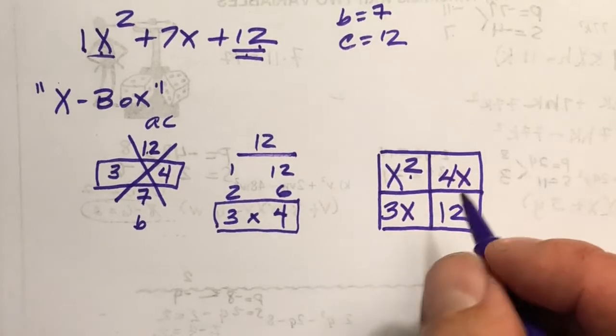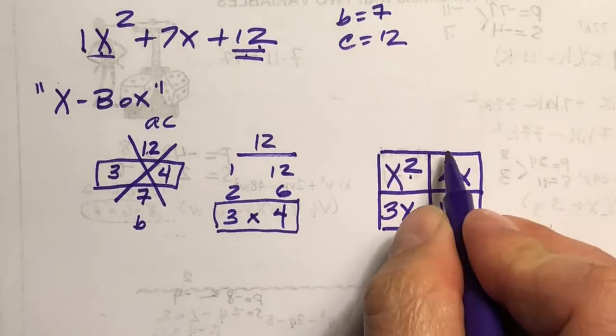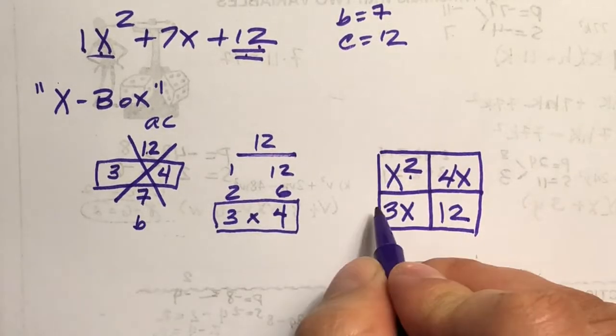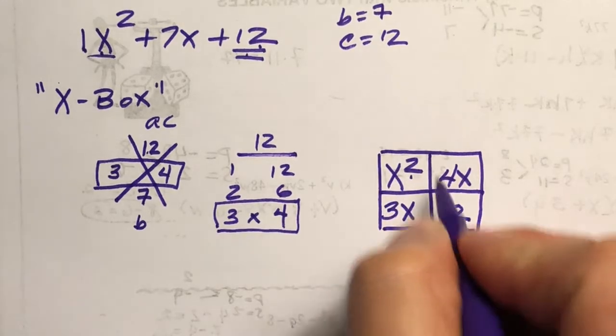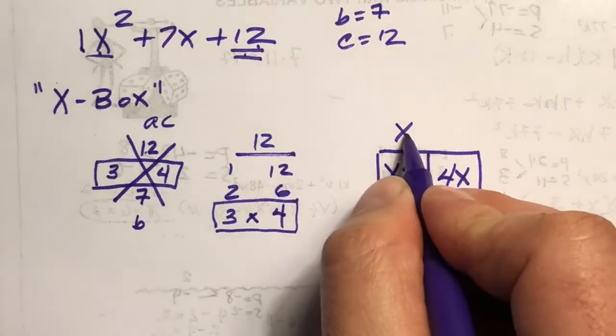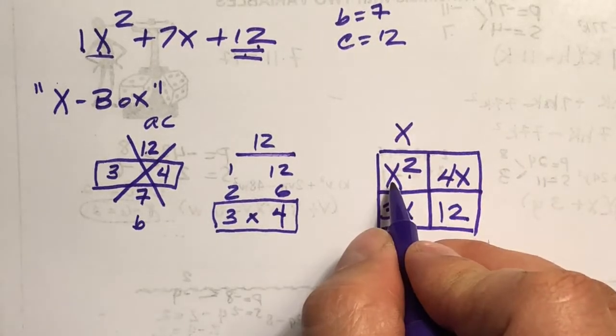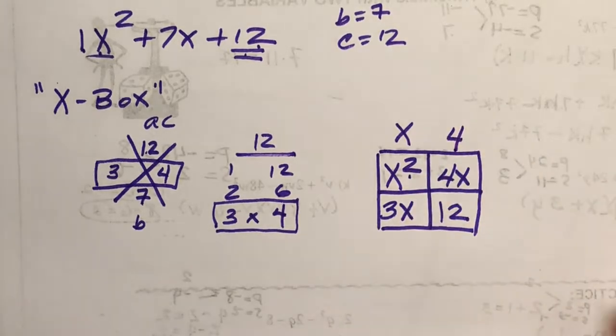Now you are going to find the GCF of each column and each row. x squared and 3x both have a GCF. This column has a GCF of x. This column has a GCF of 4.